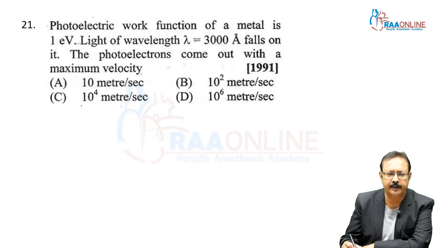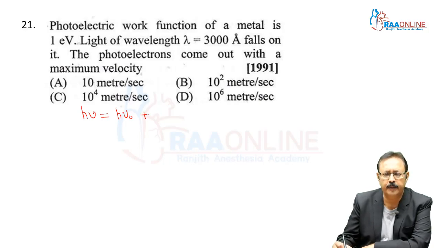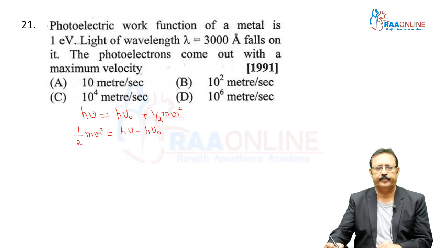If you are sending this photon towards metal, it will divide in two parts. This part will take electron up to surface. Remaining will supply kinetic energy. So first we will calculate the kinetic energy of ejected electron with the help of energy which you send towards metal, which is used by metal to eject an electron up to surface.